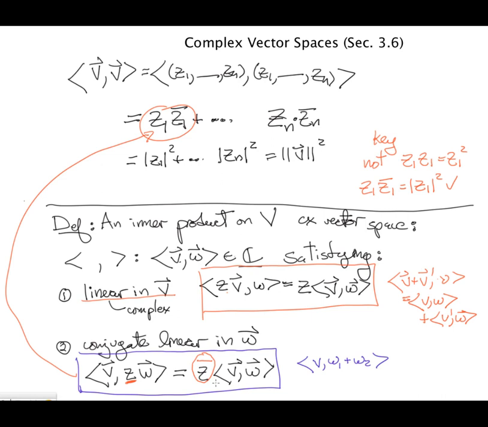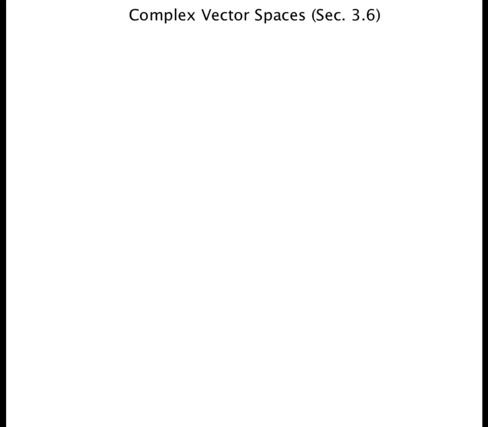And with that change, a lot of what we were talking about goes through. So let's just finish the statement. So what else? What are the other properties? So that's the bilinear property. It's linear in the first variable, conjugate linear in the second. And what about symmetry?